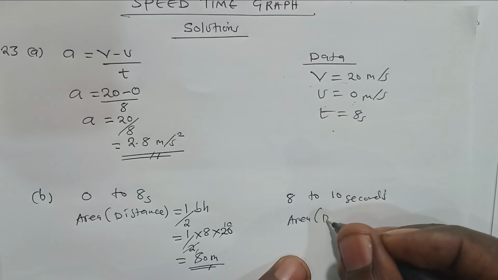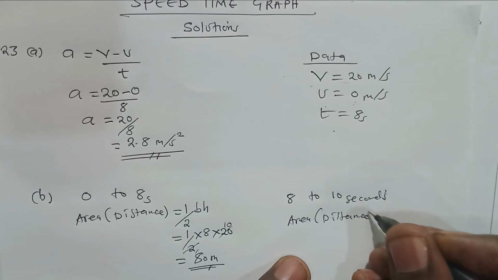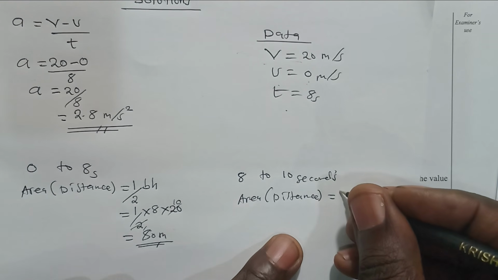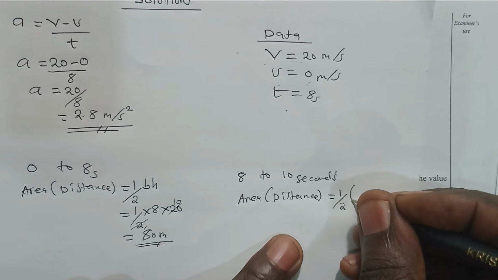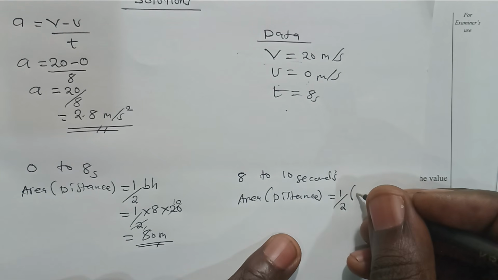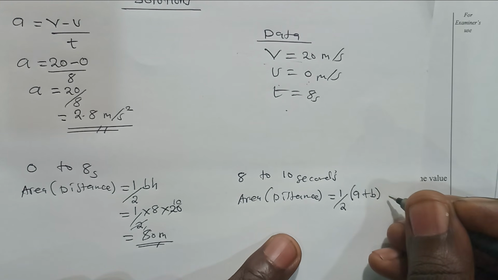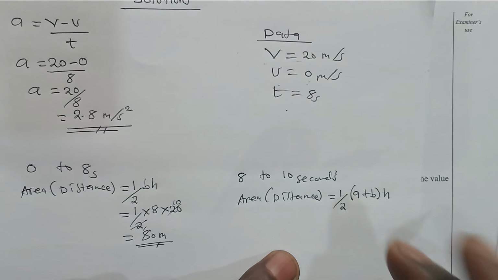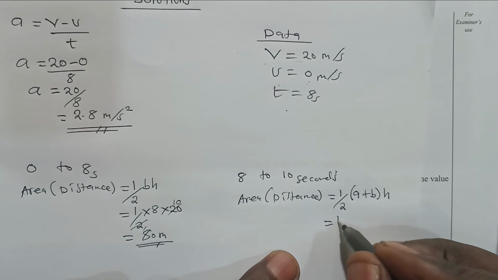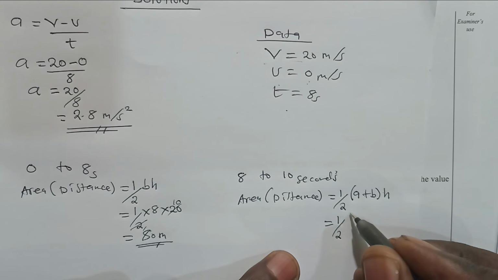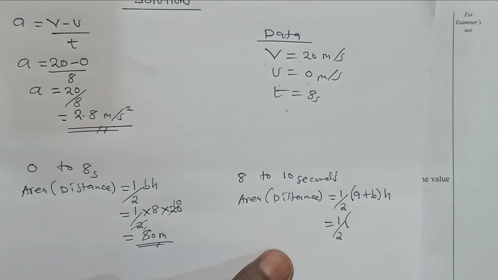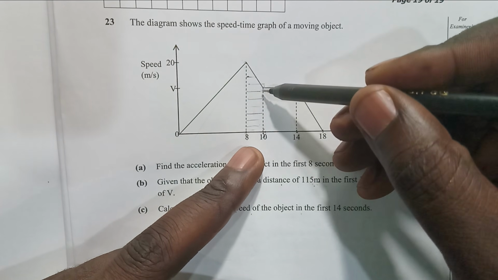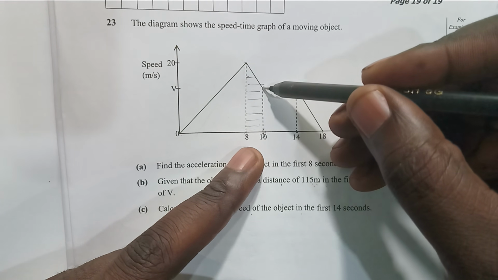We are saying area, which is representing distance, is equal to 1/2, then the two parallel sides, the shorter one plus the longer one, times the height. This is the formula for the area of a trapezium. So we can substitute the parts, which is 1/2 times what is our A, what is our B. So let's check the diagram here. The shorter side of the trapezium is this part where we have the V.